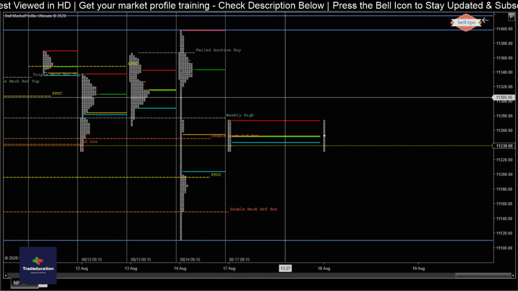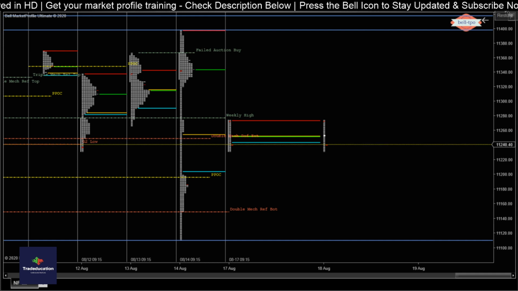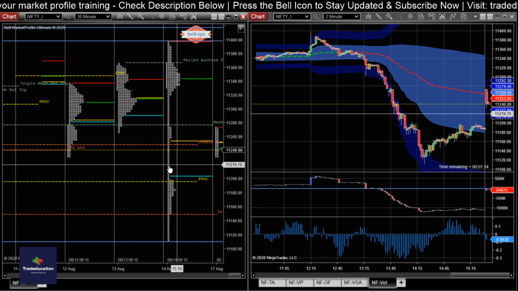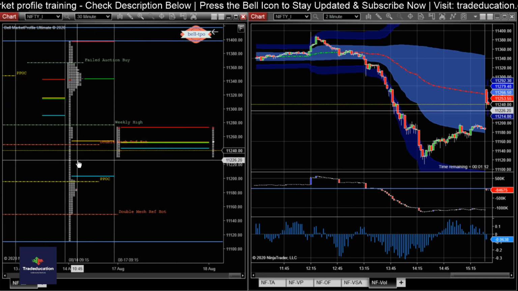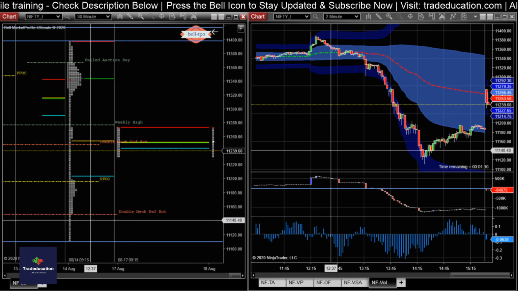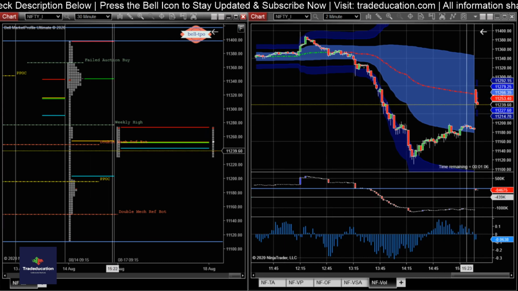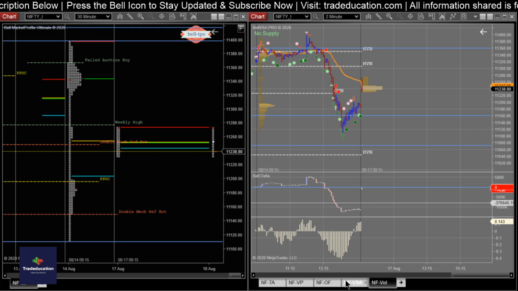Let me unsplit, merge, and minimize this. Overall the auction opened within yesterday's range. Confidence is low, and in the delta, it tagged below VWAP. Delta is negative, the balance power is negative.